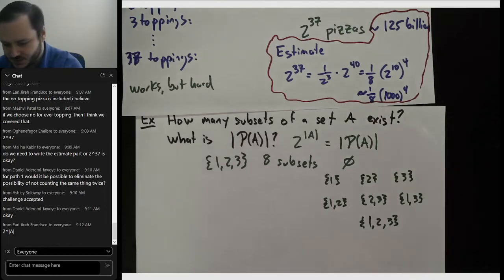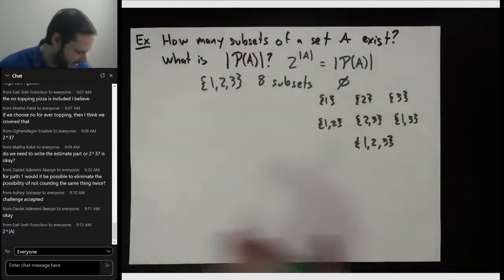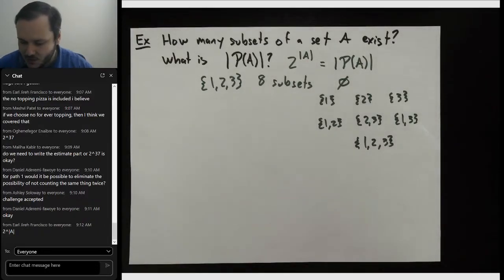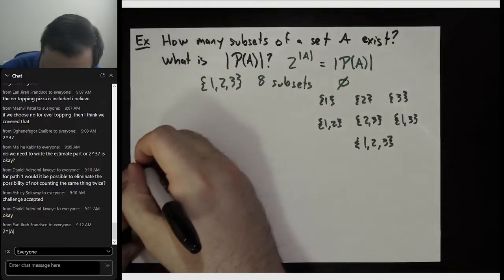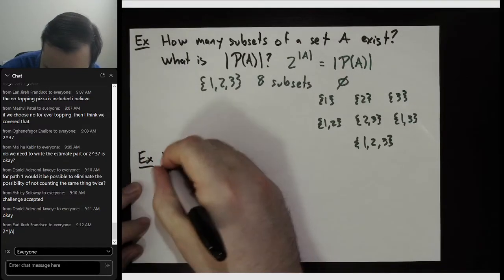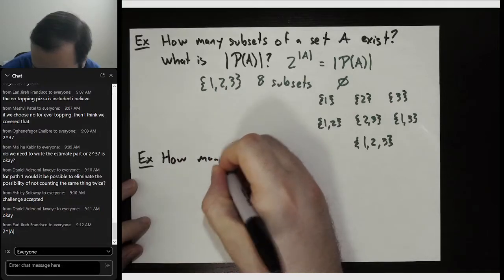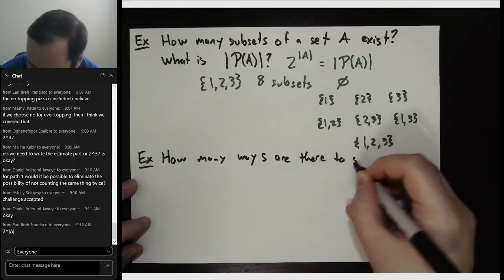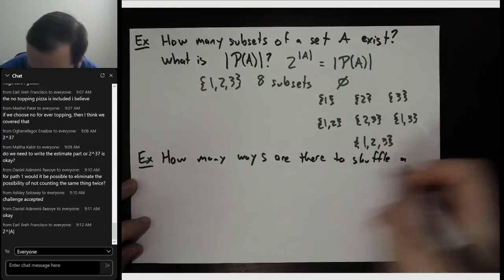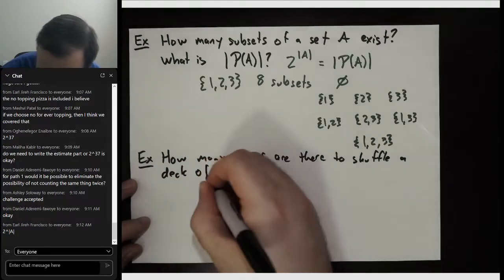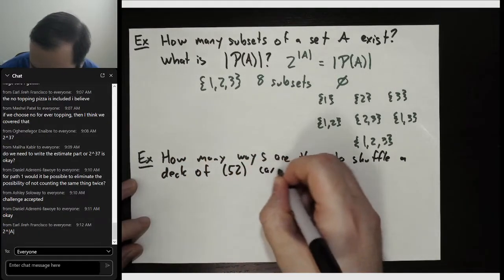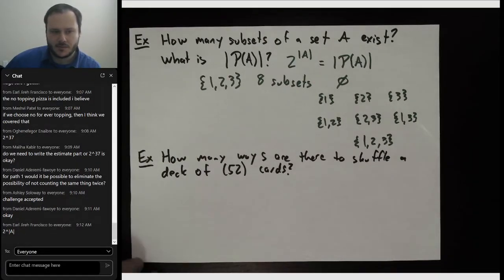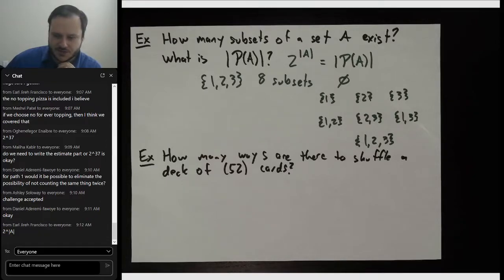Now let's get to what some of you wanted to get to earlier, which is how many ways are there to shuffle a deck of cards? So 52 cards. You've taken out the jokers. We've just got our regular 52 card deck.